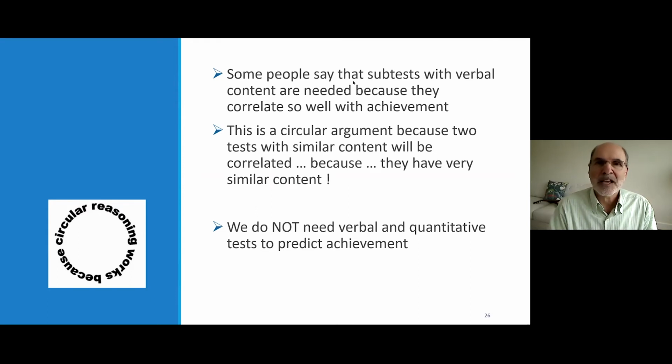Because if you have vocabulary and arithmetic on your intelligence test and you have vocabulary and arithmetic on your achievement test, of course they're going to correlate. It's criterion contamination. You're asking the same question in two different instruments. And just because one says it's an intelligence test and the other says it's an achievement test, we think they're different, but they're not. They're at best horribly confounded.